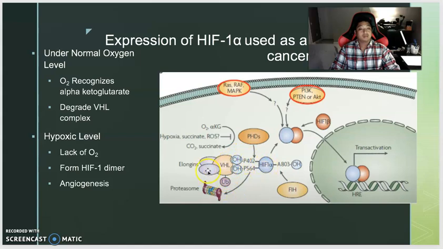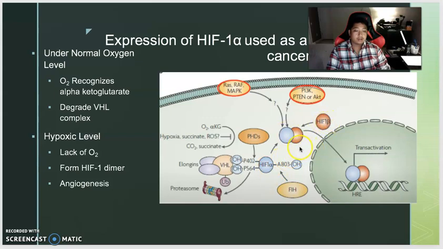That means there would not be any tagging for degradation. So without degradation, the HIF1 alpha unit will bind to the HIF1 beta unit, form a dimer, enter and translocate to the nucleus, and initiate transcription of genes that trigger processes like angiogenesis.